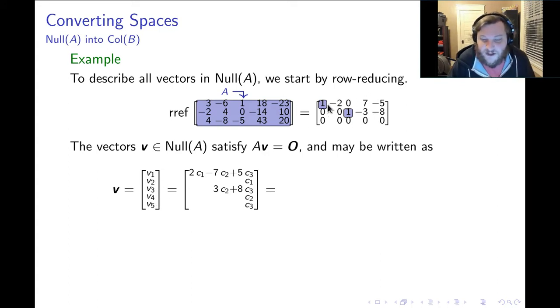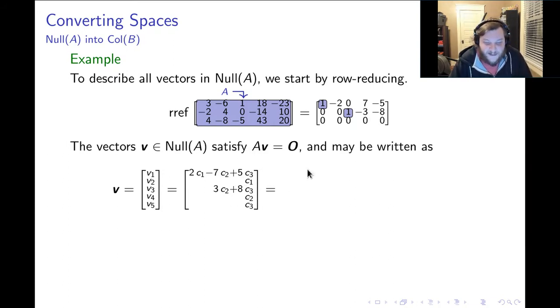So if we were studying the null space, the first equation here would be the first dependent minus 2 times the first free, minus 7 times the second free, plus 5 times the third free equals 0. And by solving for the dependent in terms of the free, I get the first coordinate equals 2c1 minus 7c2 plus 5c3.